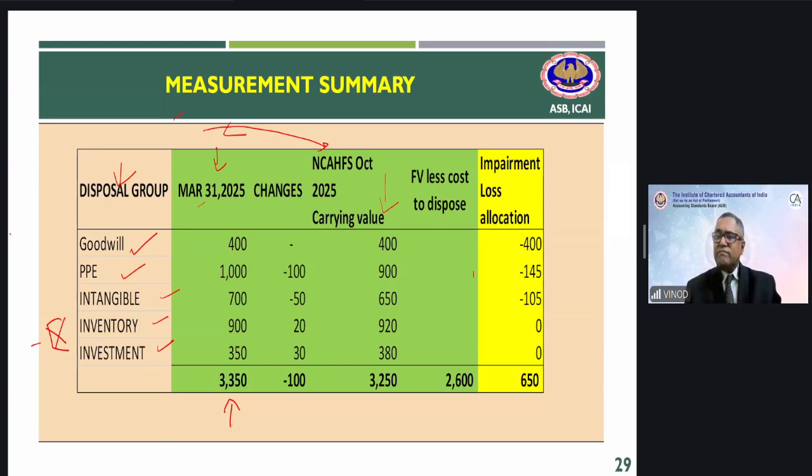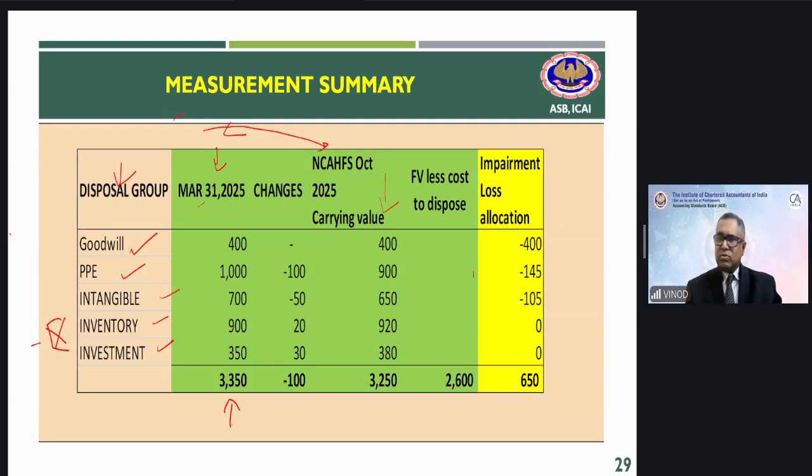So there is a 650 rupees impairment loss. Because on October, all these assets, goodwill, PPE, intangible, inventory, investments, all this I will bunch together and put in one line in my balance sheet as assets held for sale.